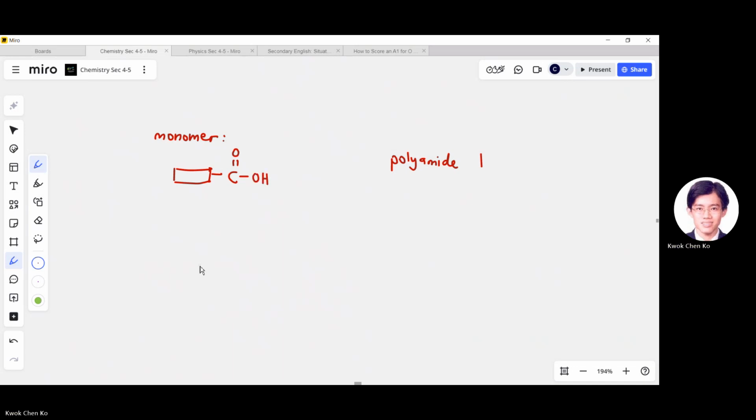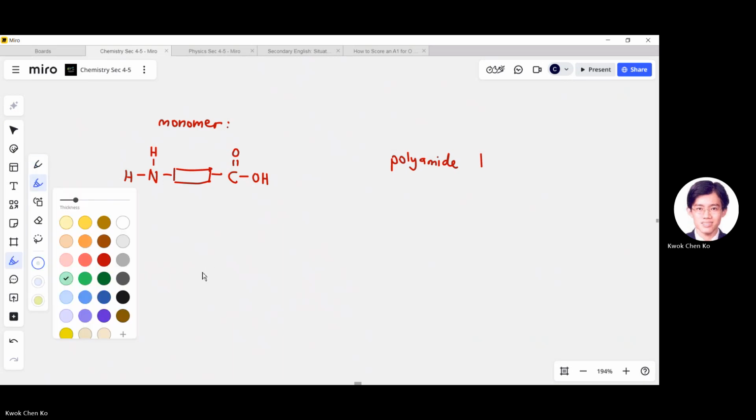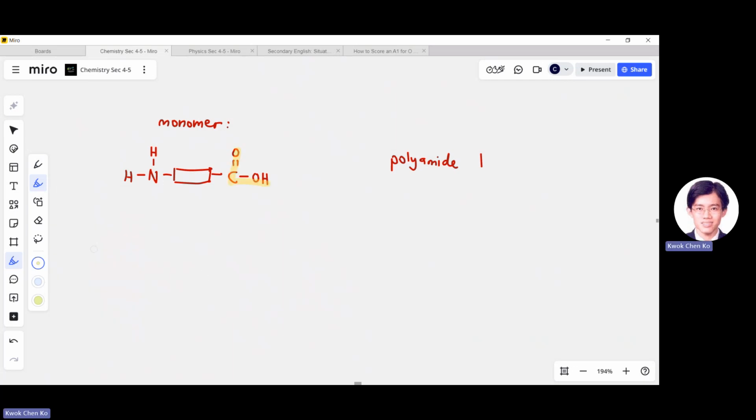Yep, look familiar. But this side is different. There's something new for you here. Well, you still have your carboxyl group.